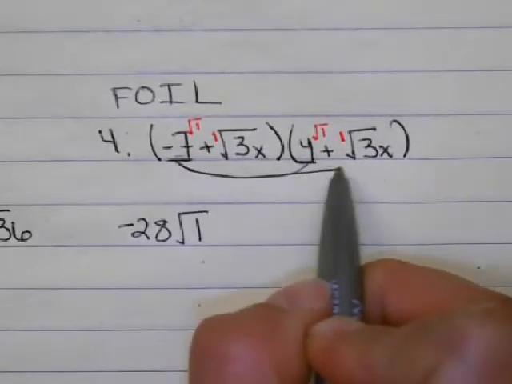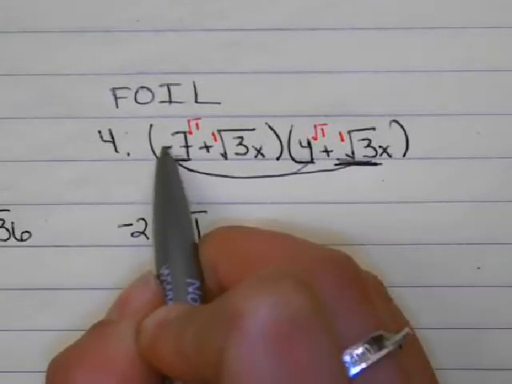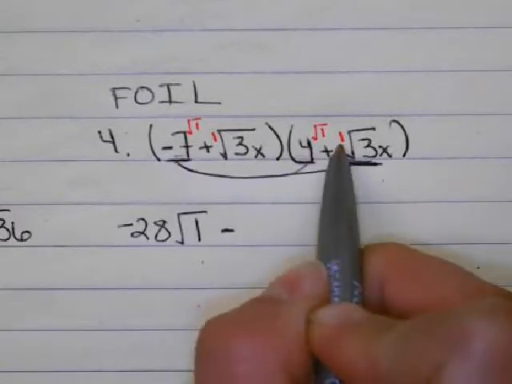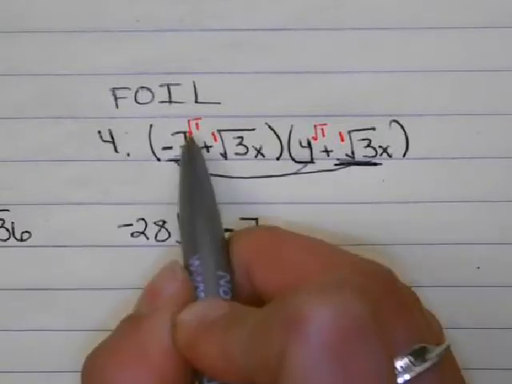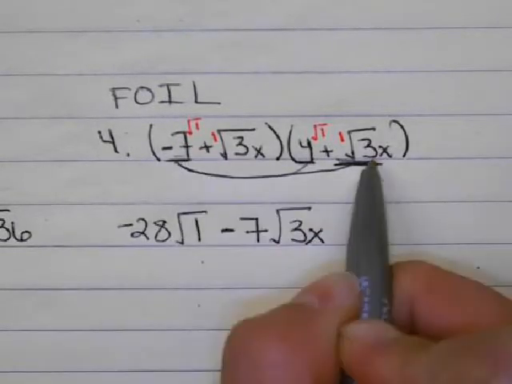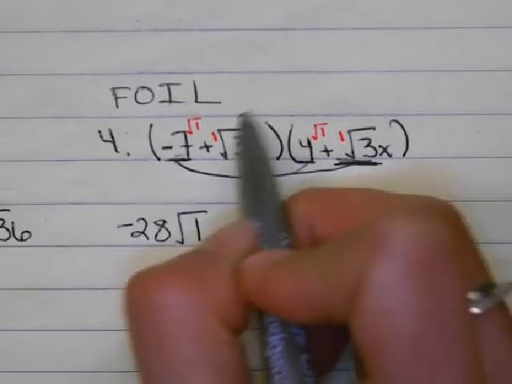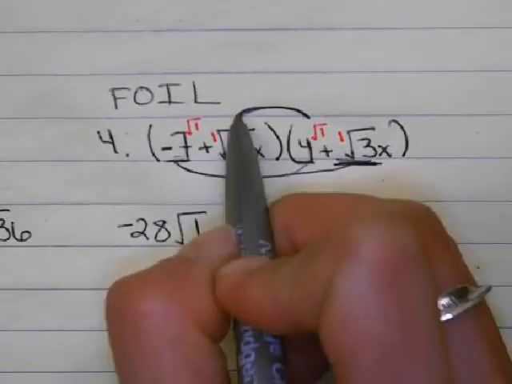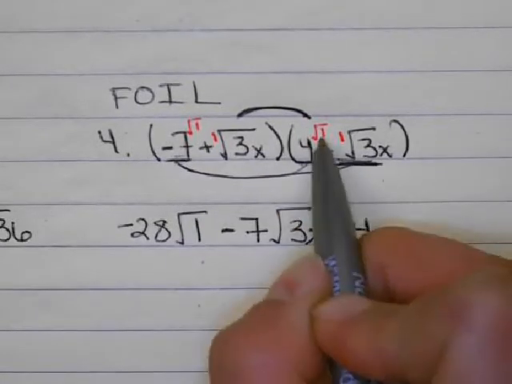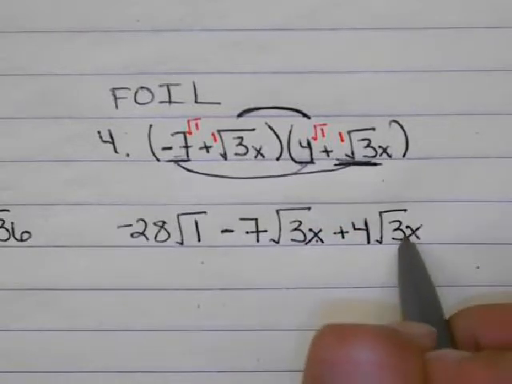And then negative 7 multiplied by this outside one here, I know it's going to be negative, and then my coefficient times coefficient is 7. Radical times radical is radical 3x, because 1 times 3x is 3x. And then my inside one here, coefficient with coefficient, 4 times 1 is 4. And then radical 1 times radical 3x is radical 3x again.